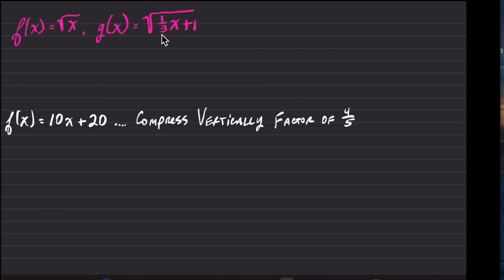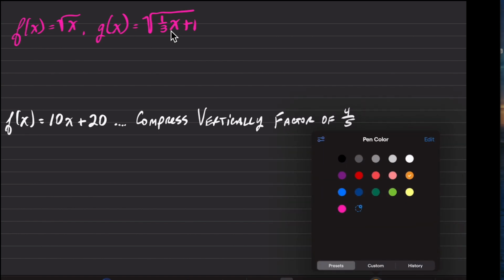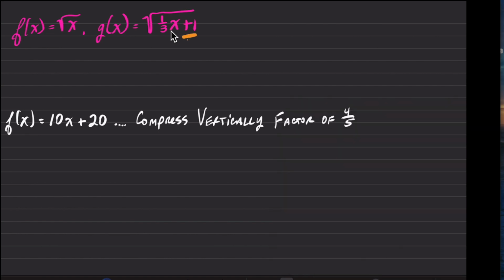Now, we have two things going on horizontally. We have a compression or a stretch, and we have a shift left or right. Which of these do we do first? Ask ourselves, is this in factored form where the GCF is pulled out? Answer, no. When there's no GCF, when we're not in factored form, we're going to address this first, the shift.